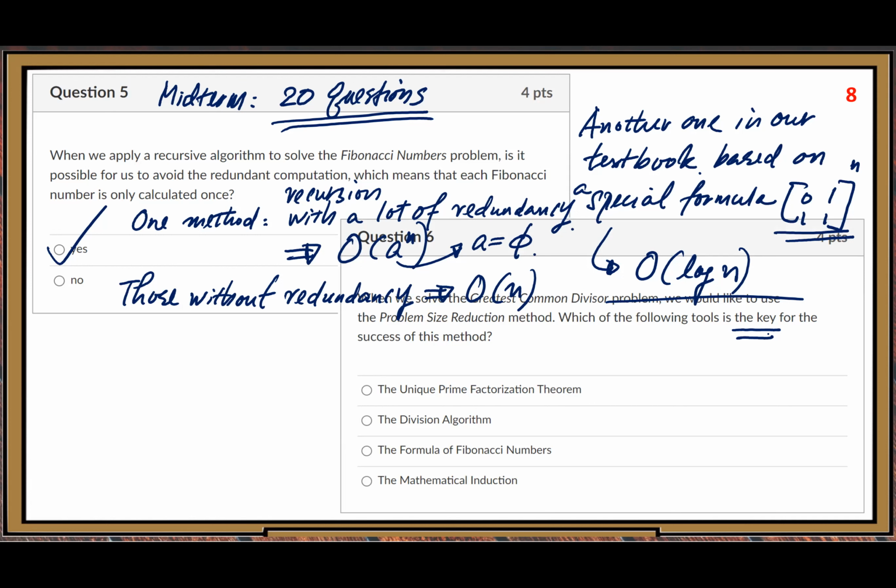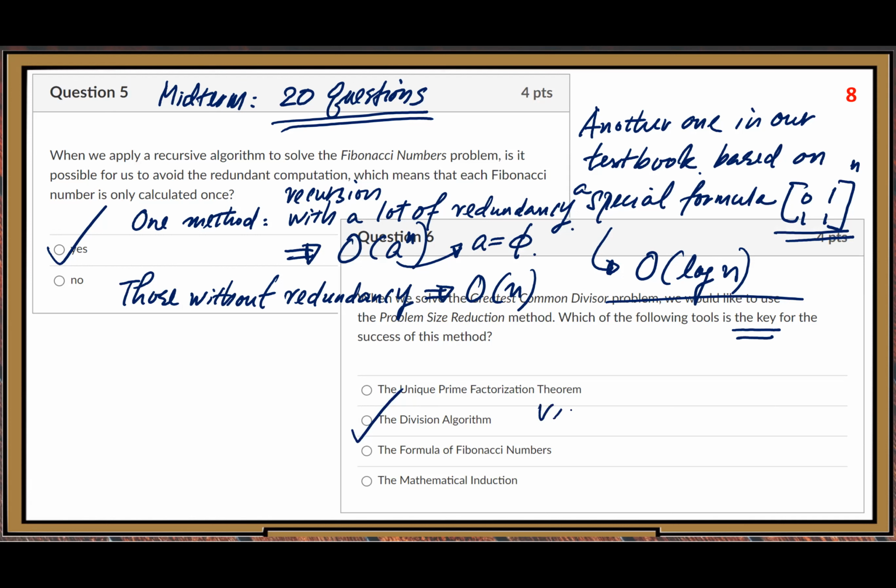In the notes, when I explain Euclid's algorithm, we use another fundamental theorem in number theory, the division algorithm. Very simple, but very useful.